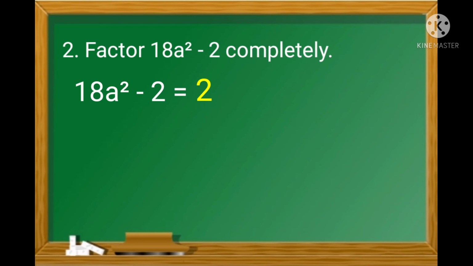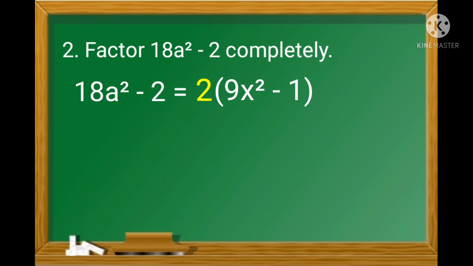So, the answer is 18a squared minus 2 is equal to 2 times quantity 9x squared minus 1. Since our second factor is factorable using difference of two squares, the square root of 9x squared is 3x and the square root of 1 is 1.